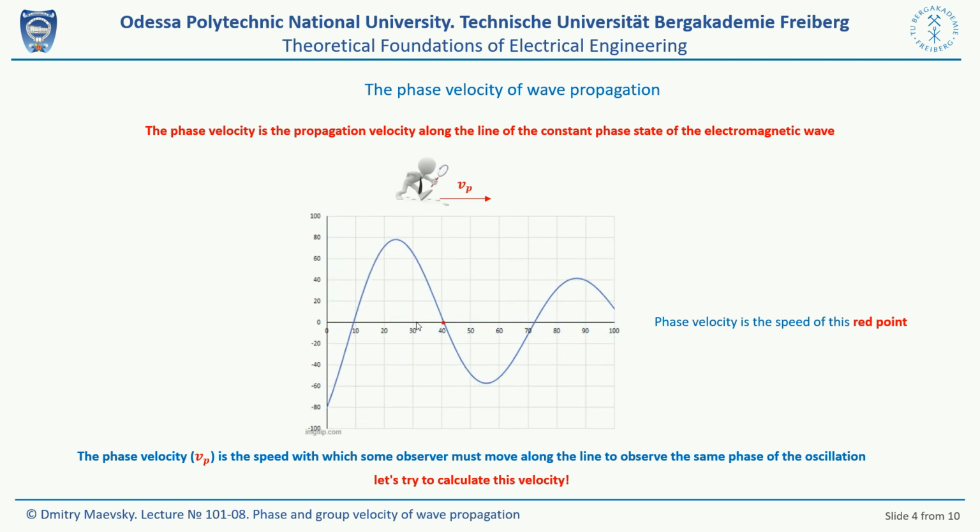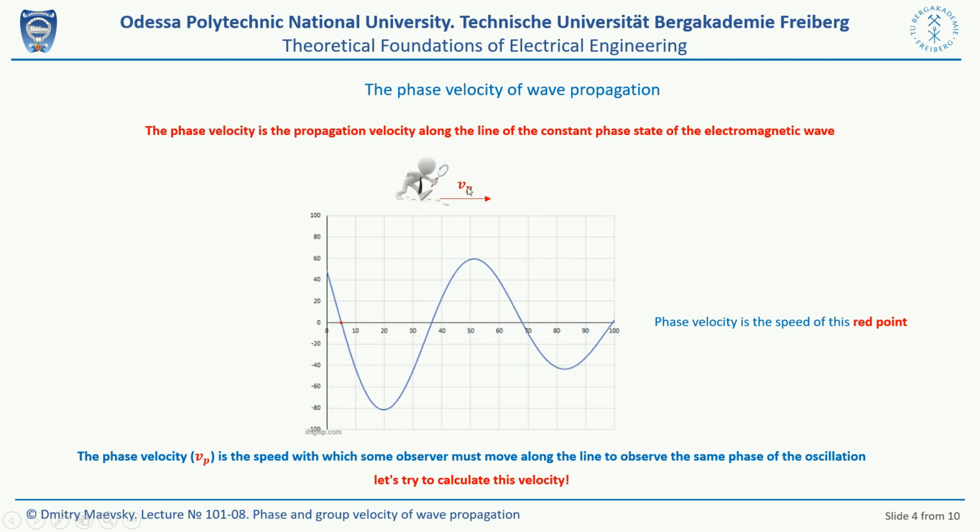Let the observer fix the phase which is marked in the picture with a red dot. This dot with a certain phase, as we can see, doesn't stand still but moves. To track it, the observer himself must move at the same speed in the same direction.